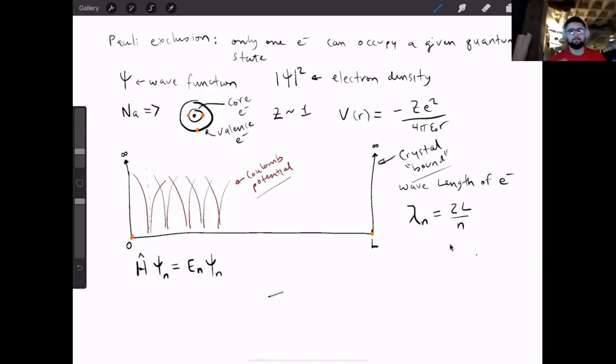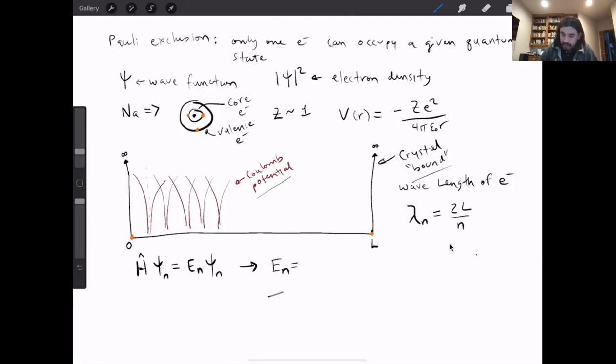But we're ignoring it, right? And then we know that it's a particle in a box that goes from 0 to L. So that means that we already know the solution to this one, and we know that the energy levels are given by this thing right here. There's no potential, that's just the energy term.